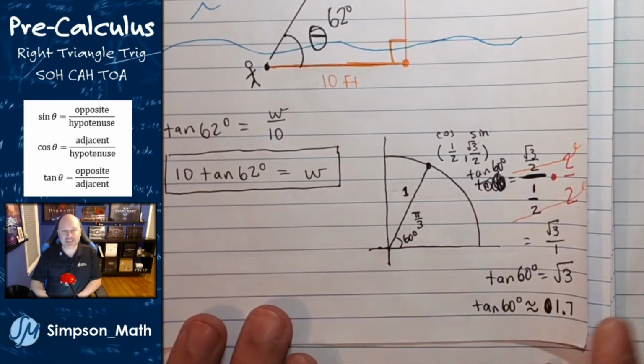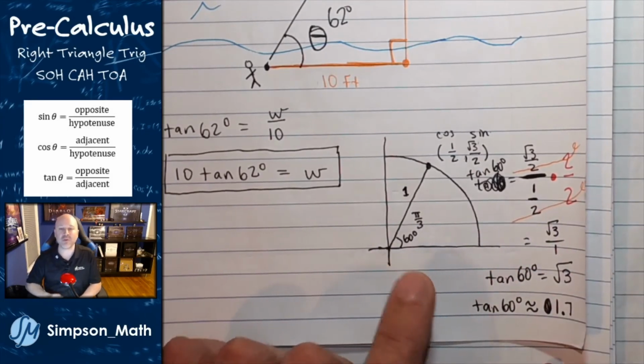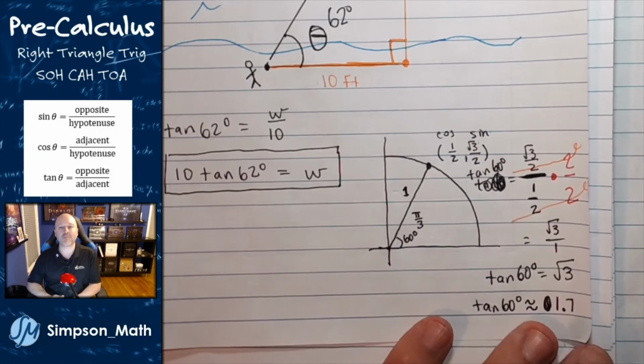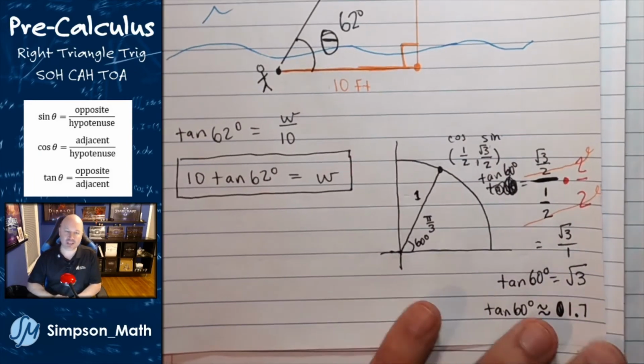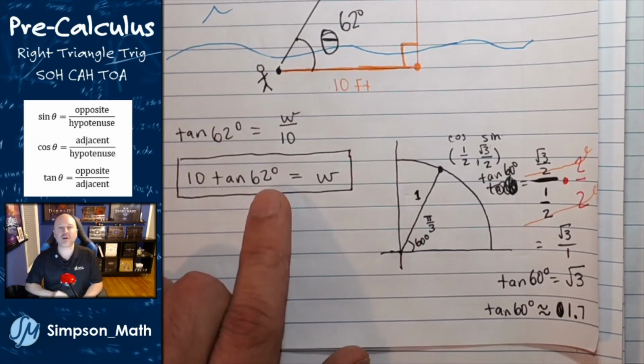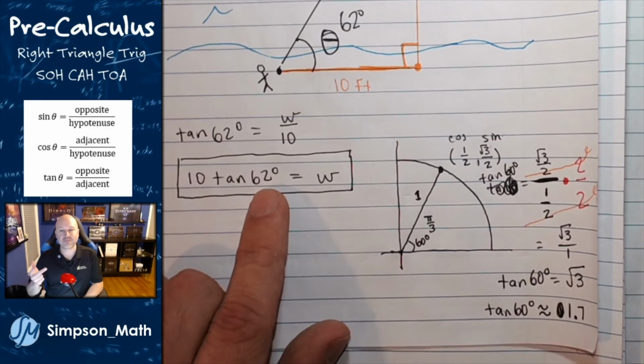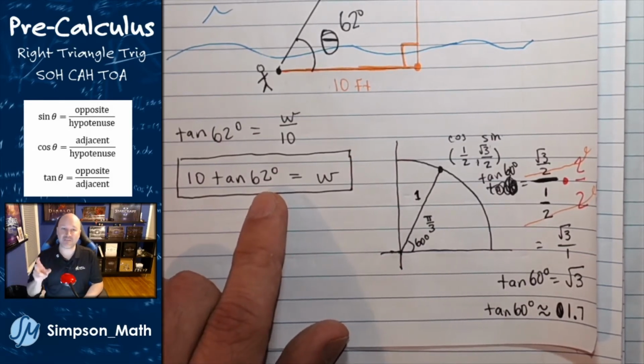So this estimation process using the common angles we're familiar with on the unit circle, this is a skill I'd like you to start practicing. And now is a really good time with these right triangle trigs. If any of these angles are close to 30, 45, 60, 90, any one of those, try to estimate first.